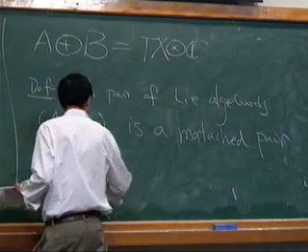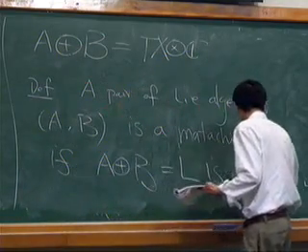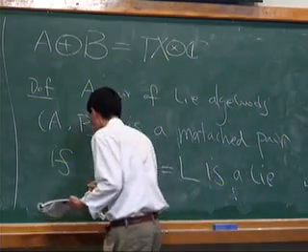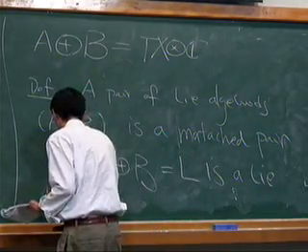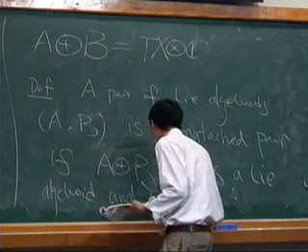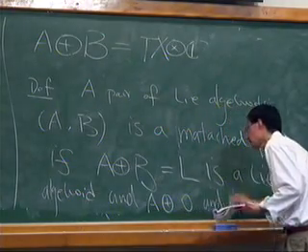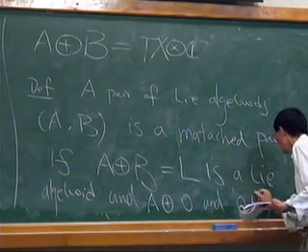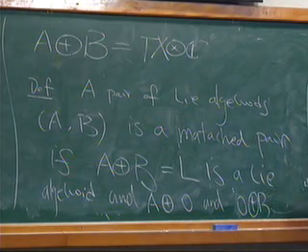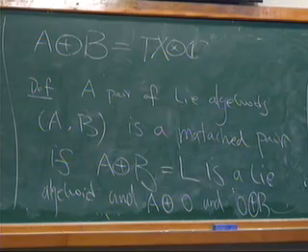if A plus B is a Lie algebroid, and both A plus 0 and 0 plus B are subalgebroids.